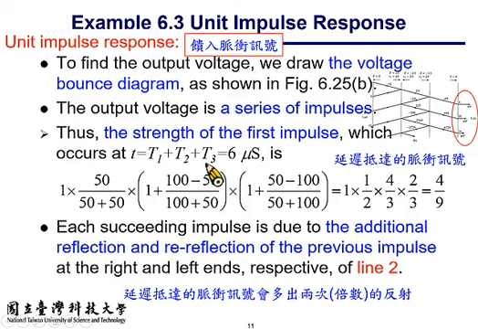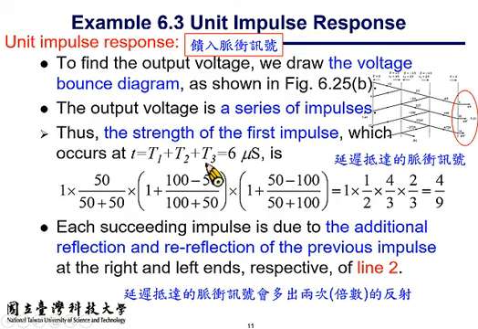So the first question here is, what is the time delay required for the signal to go from the source to the load? According to the bouncing diagram, part of the energy goes from the left-hand side, starting from the impulse source, and goes to the 1-2 interface, then the 2-3 interface, and reaches the right end.